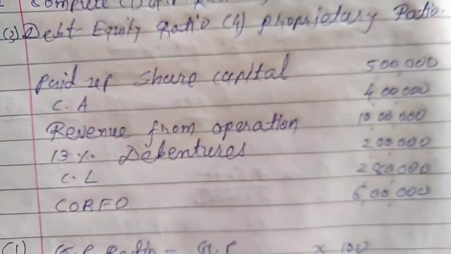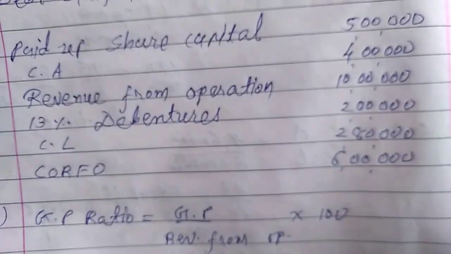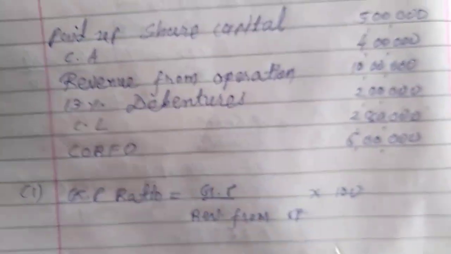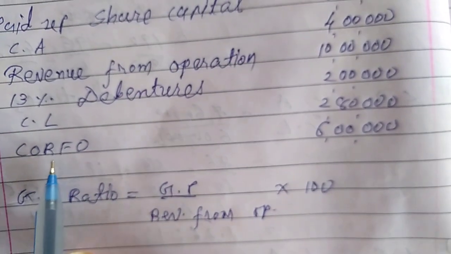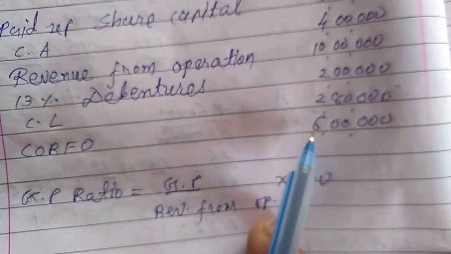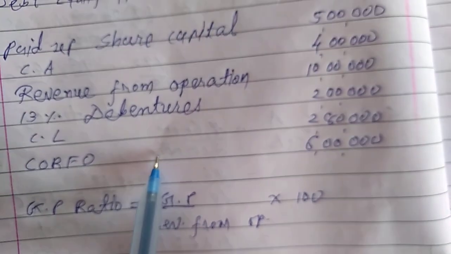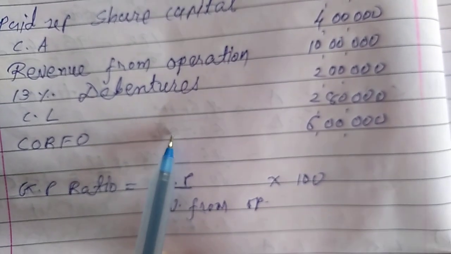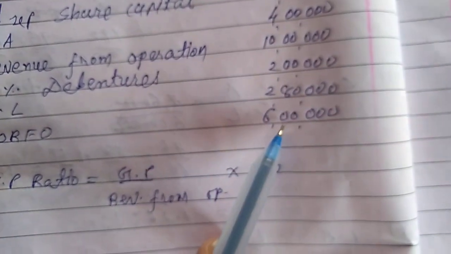But here gross profit is not given. Then how to find gross profit? You already know how to find it. Two things are given: revenue from operation and cost of revenue from operation, meaning sales minus cost of goods sold. That will be the gross profit. Sales is 10 lakh, cost of goods sold is 6 lakh.